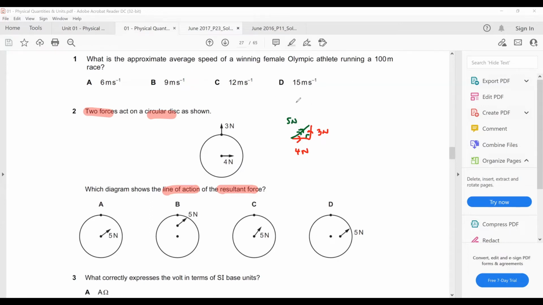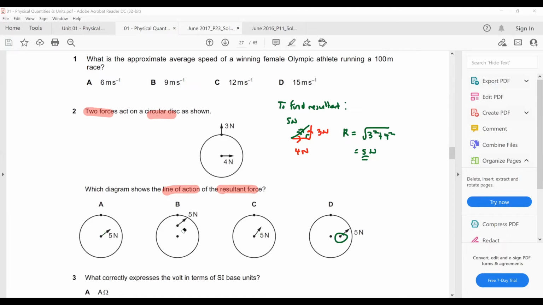To find the resultant, it is actually the square root of 3 squared plus 4 squared, giving you 5. Now, but the question then is, where should it be acting? They give you a few different choices, either here, here, here, or here.